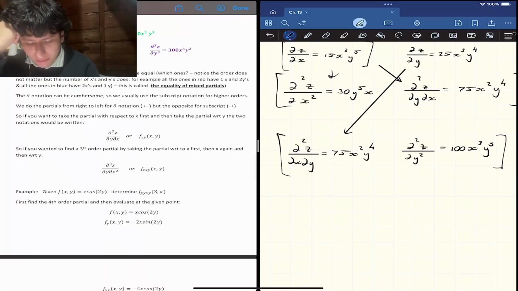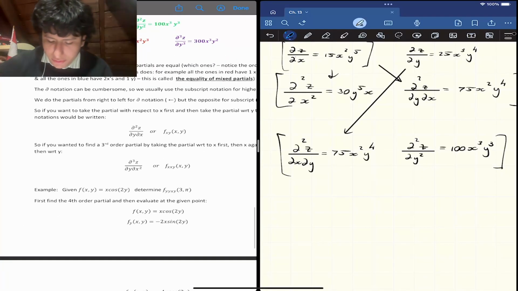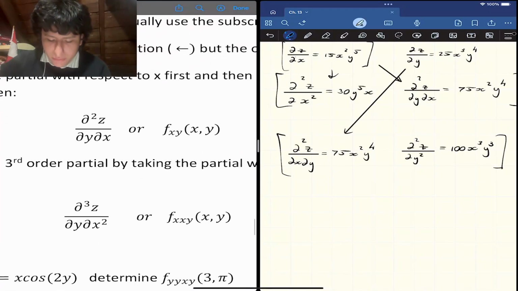The subscript can be cumbersome, so we usually use the subscript notation for higher orders. We do the partials from right to left for the notation, but the opposite for subscript. So if you want to take the partial with respect to x first and then take the partial with respect to y, the notation would be written as, okay, so for this one, for example, we took the partial with respect to x, so that would go to the second one.